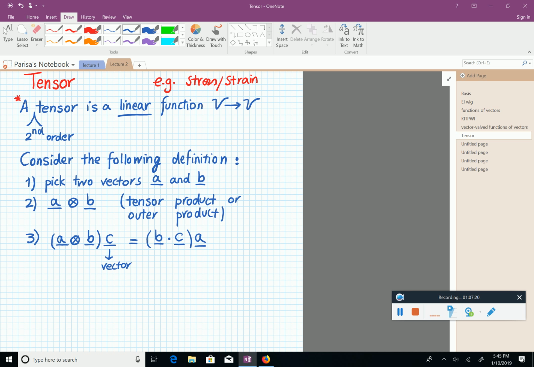So the question is, is this a linear operation? And the answer is yes, and you can verify it on your own.